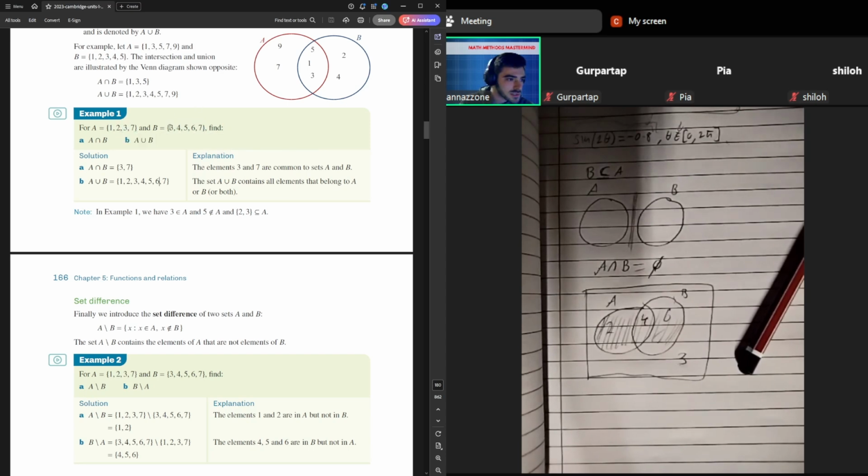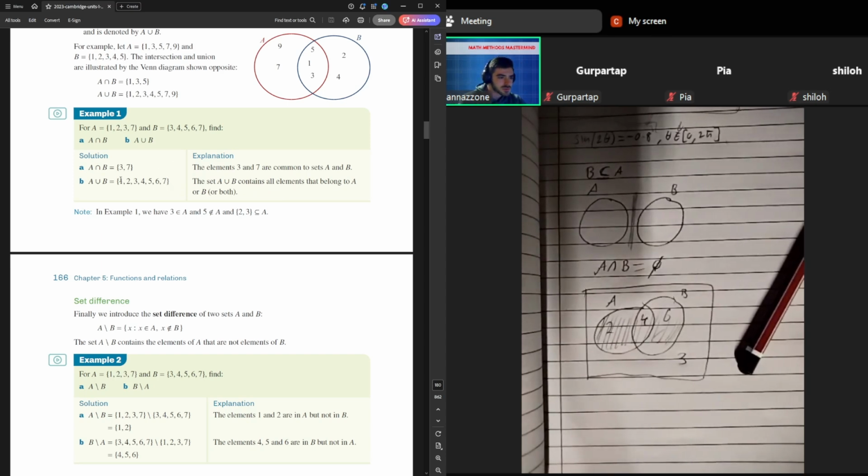So you can see 3 has a match, you can see 7 has a match, and so that's the full intersection there. For the union, it would literally just be all these numbers, because it's what is in A or B or both. So it'll be 1, 2, 3, 7, 3, 4, 5, 6. So there's a bit of a duplicate there. You don't write the same number twice, you only have to represent each element once.